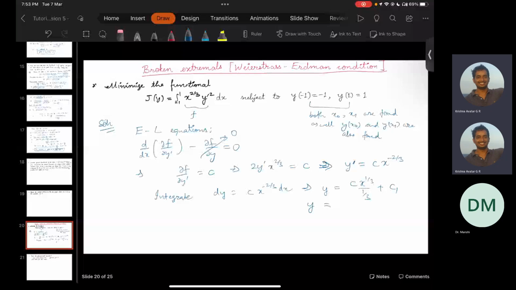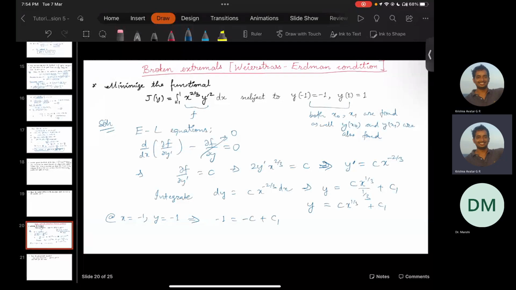So at x is equal to minus 1, y is equal to minus 1. This implies that minus 1 is equal to c into x to the power 1 by 3, and at x is equal to minus 1 it's still minus 1, so it's minus c plus c1.